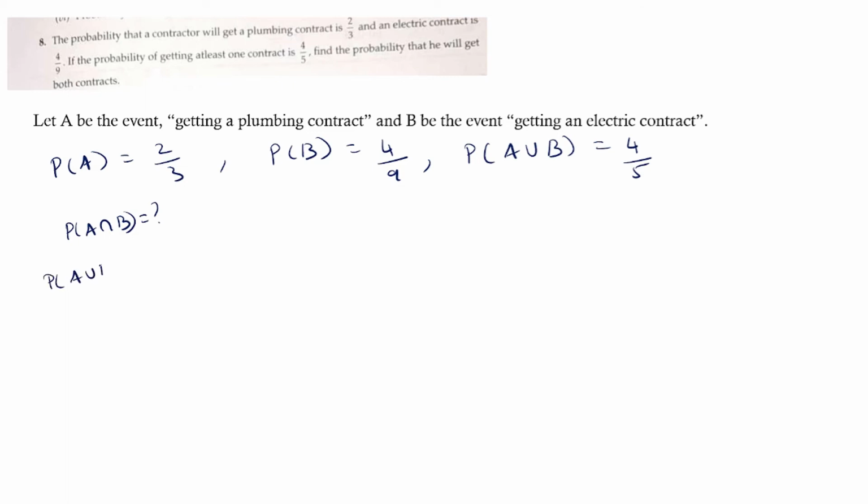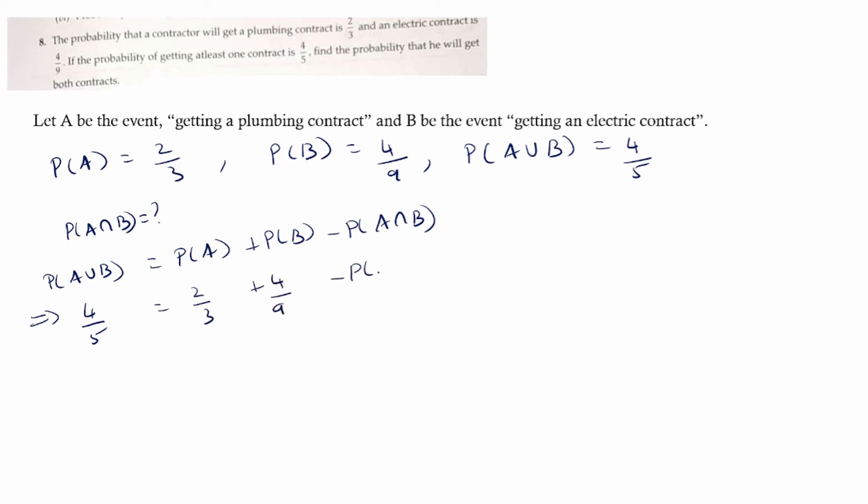So using the addition theorem on probability, we have probability of A union B equal to probability of A plus probability of B minus probability of A intersection B. So from this we have 4/5 is equal to 2/3 plus 4/9 minus probability of A intersection B. So probability of A intersection B is 2/3 plus 4/9 minus 4/5.